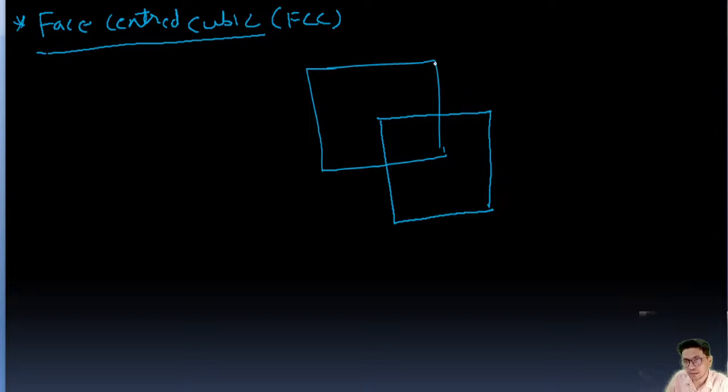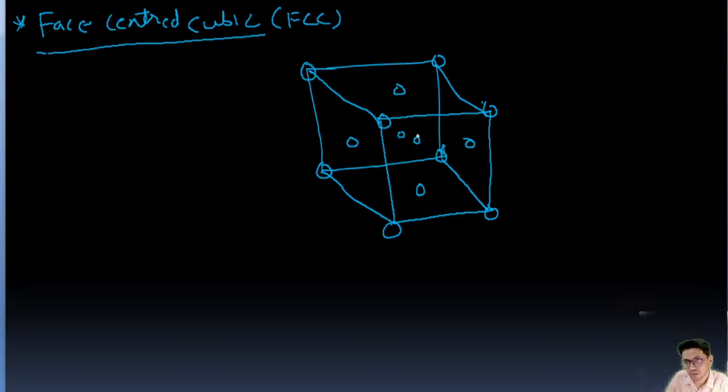This is the face centered, guys. There are 8 atoms at the corner for the face centered crystal structure, and 6 atoms are at the face of the crystal. So this is the figure for the face centered cubic crystal.